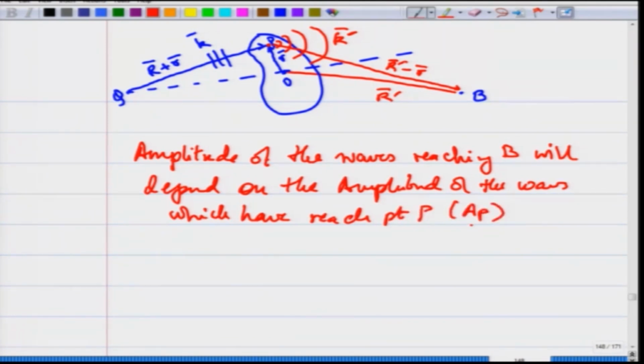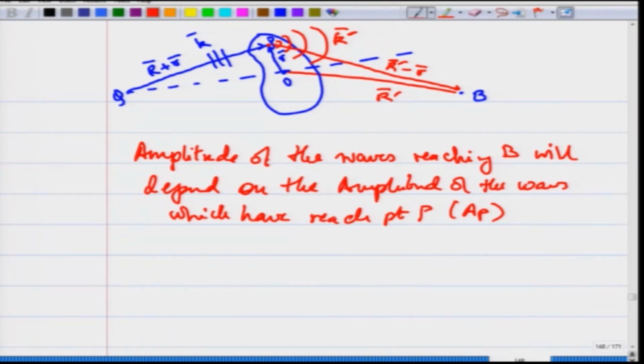So, the amplitude of the wave which has reached point B will depend on AP, which is the amplitude of the wave at point P. A larger amplitude, or stronger electric field of the electromagnetic wave which has reached point P, will generate much more intense scattered electromagnetic waves which will reach point B. So, it will be clearly proportional to the intensity or the amplitude of the waves which have reached point P.